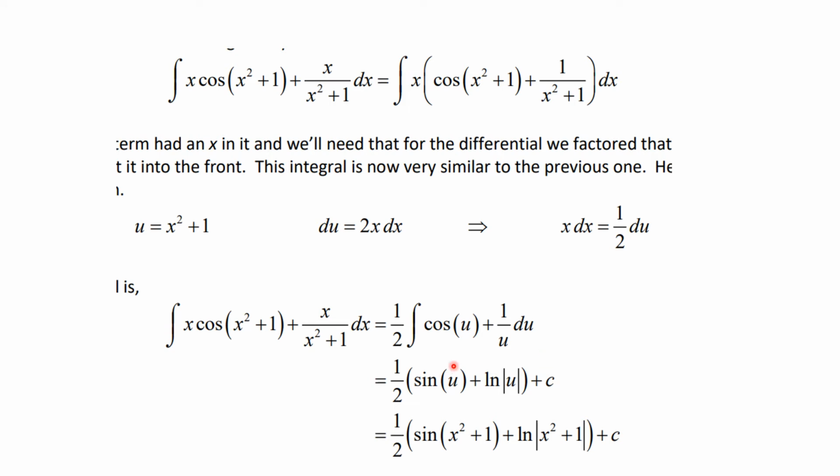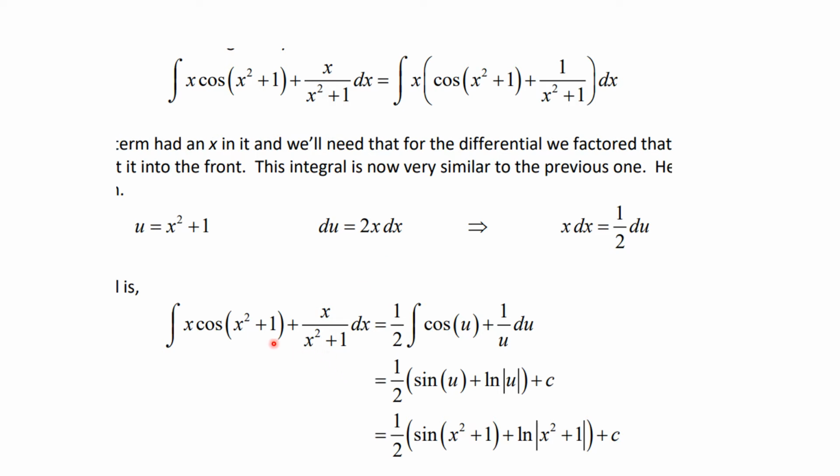The next problem was this one. And it's useful to recognize that we can factor the x out of that. And so what we're going to get is something that's very similar to what we did before. We're going to get u equals x squared plus 1. du is 2x dx, and dx would be du over 2x.